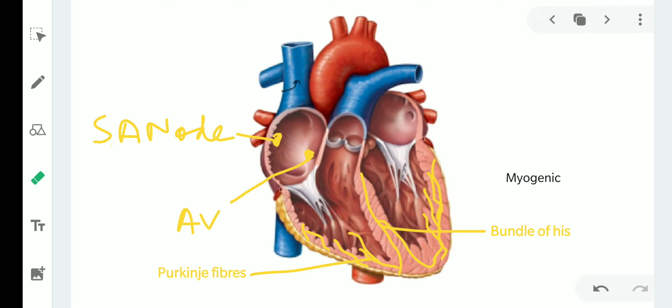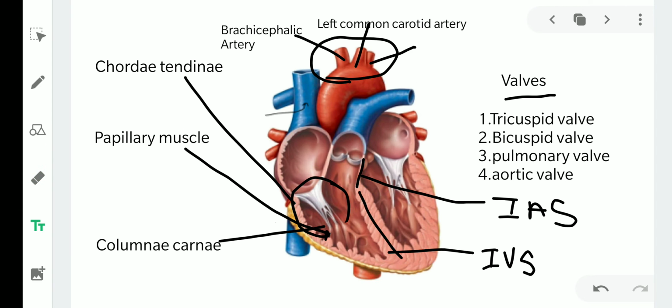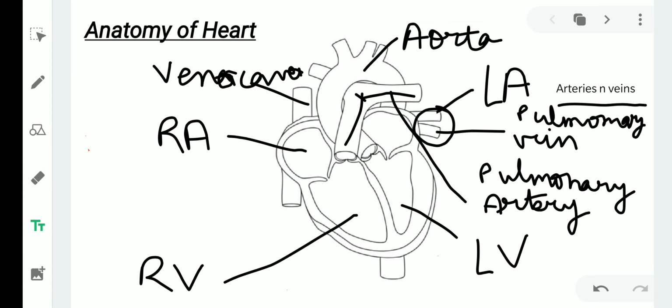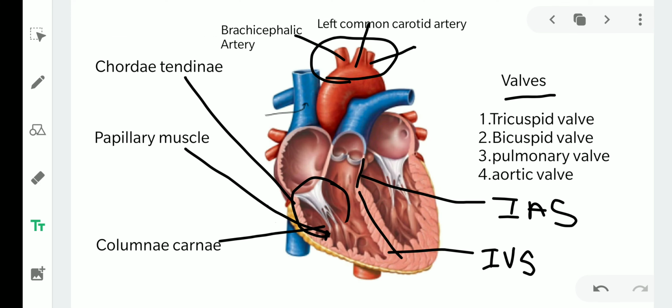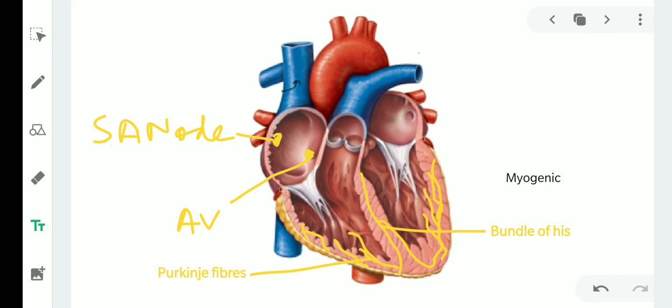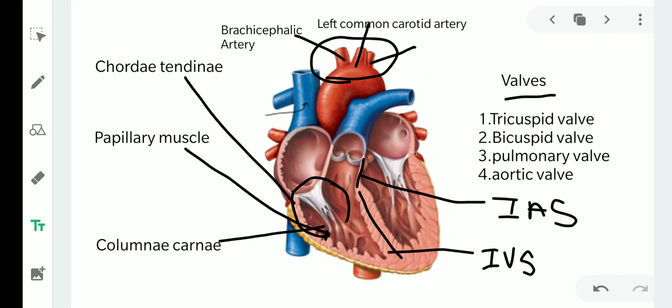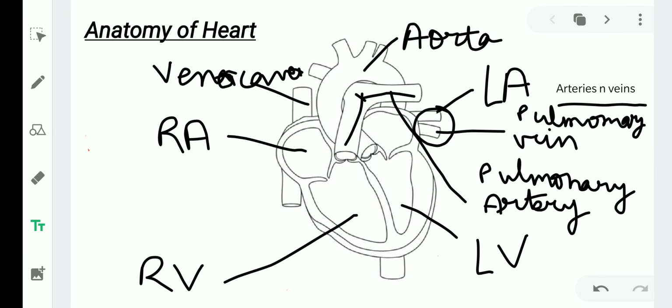The link is in the description, so do watch the physiology video, from the basics to the detail. Now everything seems very easy, and the heart can be labeled and understood very easily. Thank you.